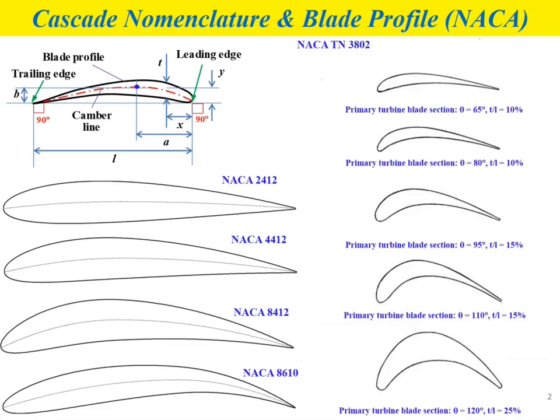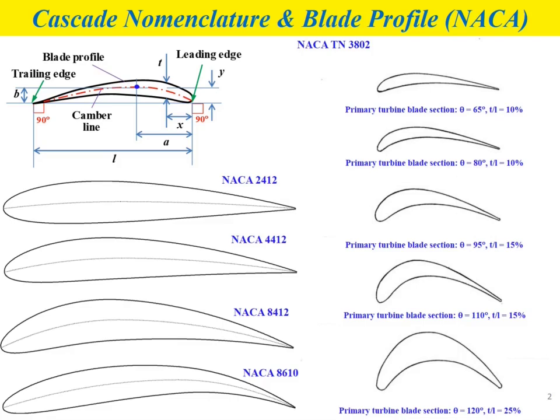Okay, there is another example of the NACA code, for NACA TN3802, where we have 5 different blade shapes but still under the same NACA code.